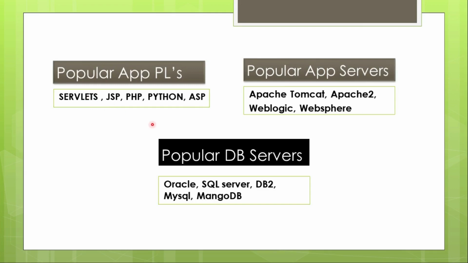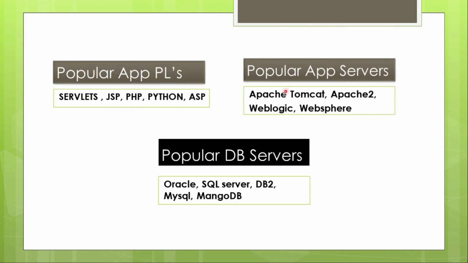We can also develop web applications using PHP, using Python, which is similar to Java, and Microsoft's ASP, Active Server Pages. So PHP, Python and ASP are alternative application programming languages to Java. Java means Servlets as well as JSP.